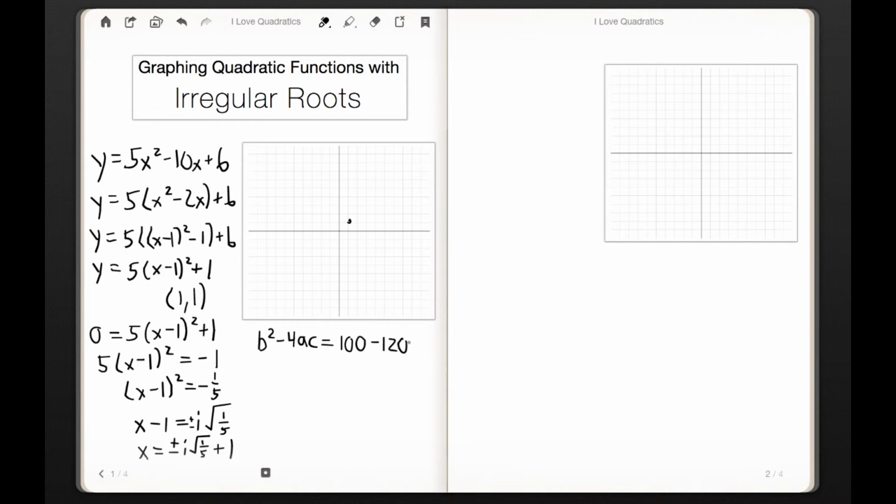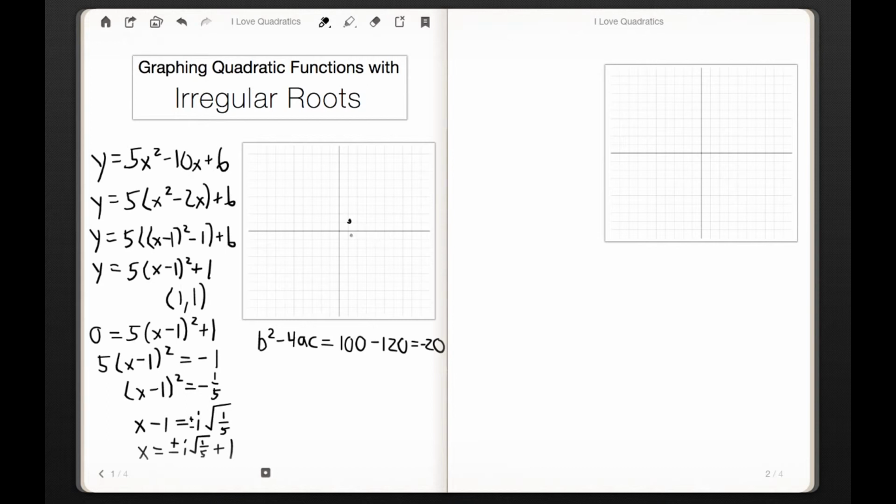So 100 minus 120 is -20. And when we have a negative discriminant, we have two imaginary roots, which we proved down here, that the roots are imaginary. We don't actually see them on the graph. So the graph never crosses the x-axis.